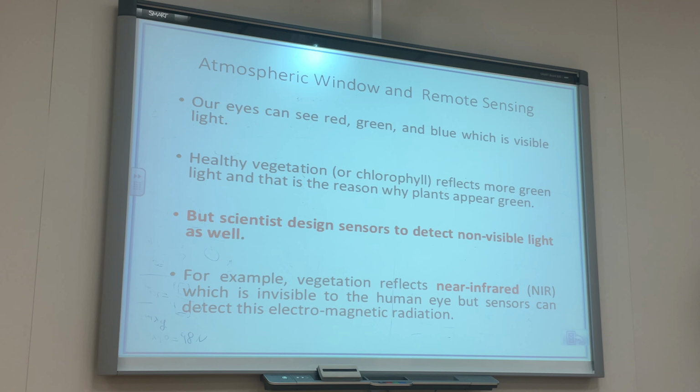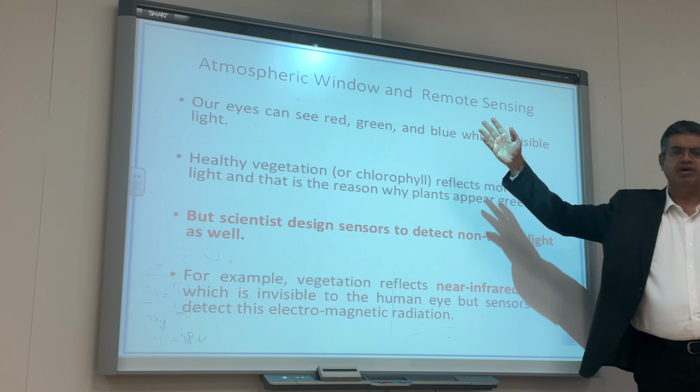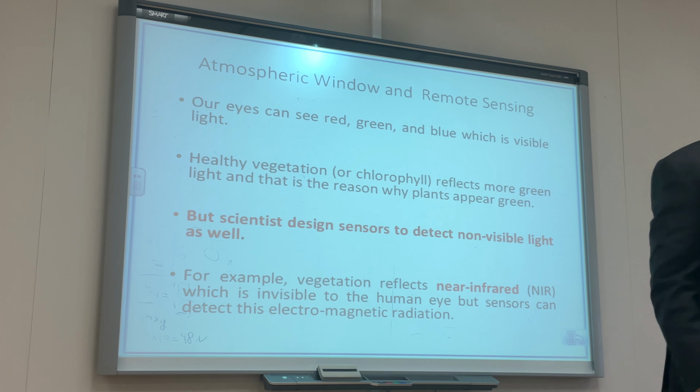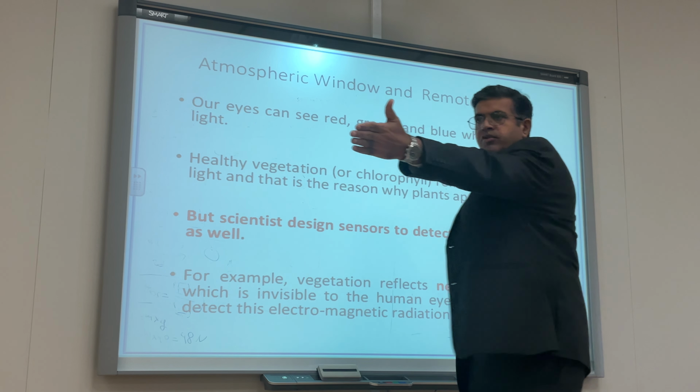Now, how is the atmospheric window related to remote sensing? Our eyes can see red, green and blue, which are parts of the visible light. These are the three basic components of visible light: red, green and blue, RGB. Now, suppose something is appearing orange in color, like this chair over here.